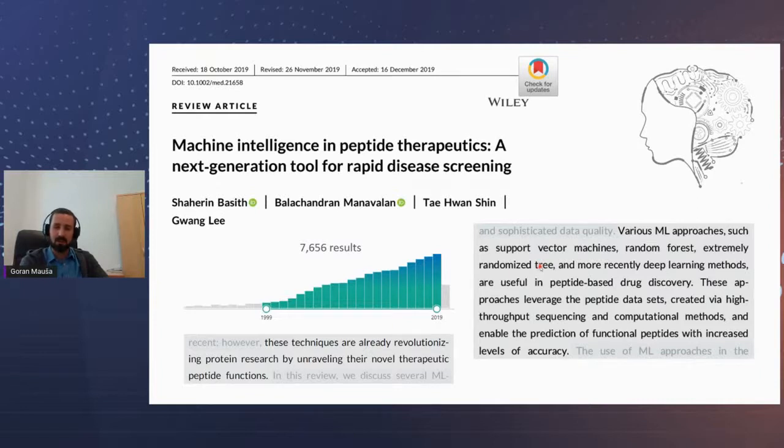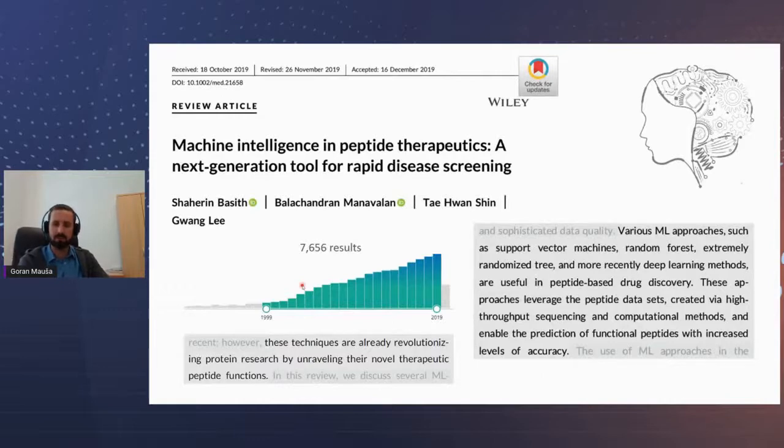In the last 20 years, when I searched for the terms peptides and machine learning or genetic algorithm in only title and abstract, I came up with around 8,000 scientific papers with a clearly increasing trend. So this is a very hot topic that is revolutionizing the way we do science.